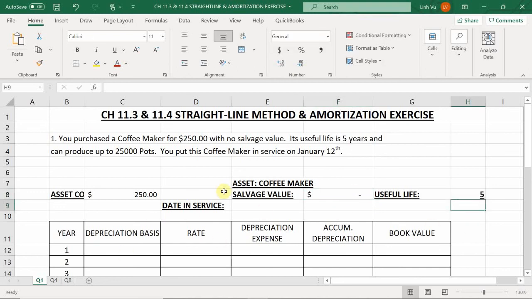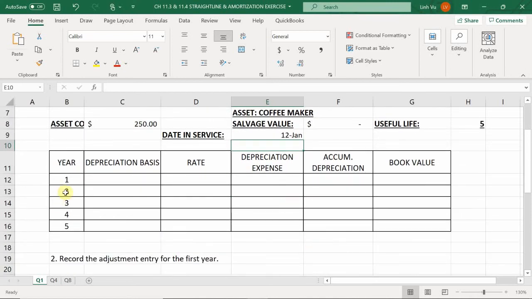When did I place this into service? January 12th. So what does that tell me? That we're going to do it for the current month. Correct. So in this case, assuming that you are depreciating at the end of the year, December 31st, let's go ahead and solve for each and every single one.